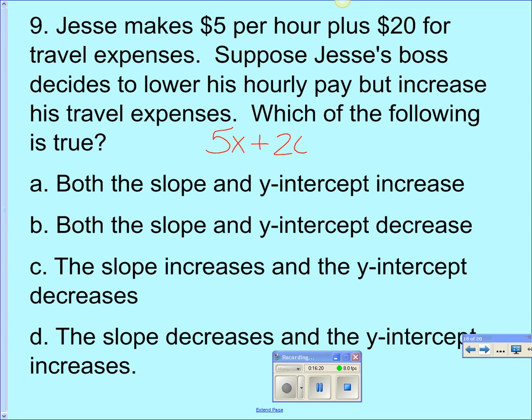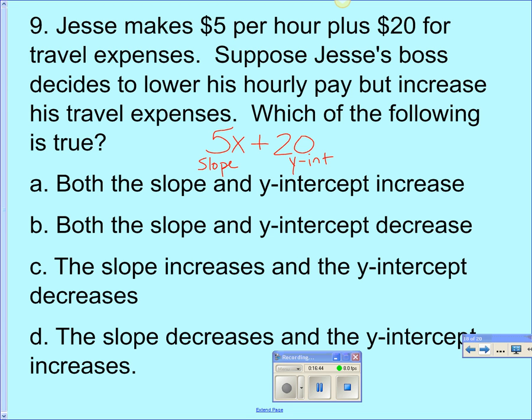Good. Everybody write that down. So 5x plus 20. Okay, 5x plus 20. Levi, which one of these is the slope? Good. So this is my slope. And anybody, what's this one called? Yep, the starting value, the y-intercept. Good. All right, so now let's see what happens.